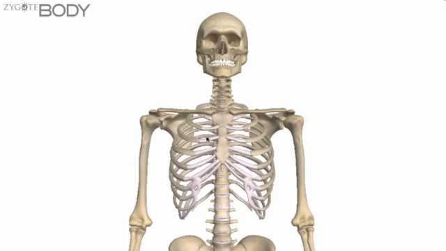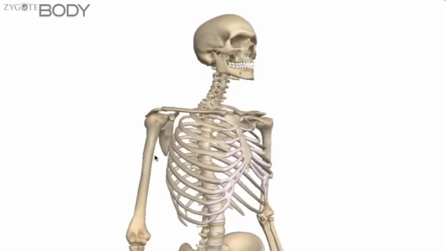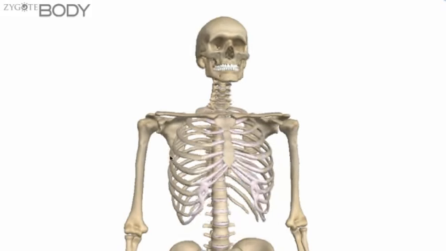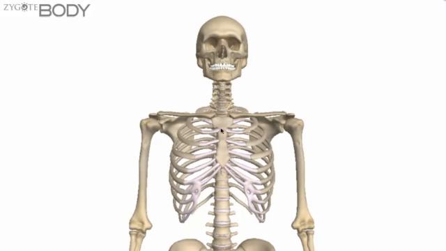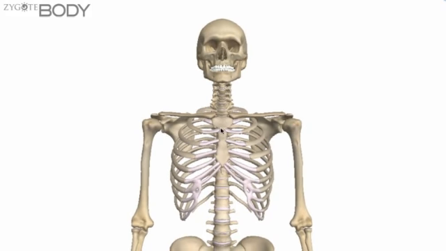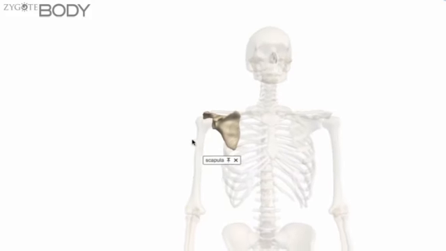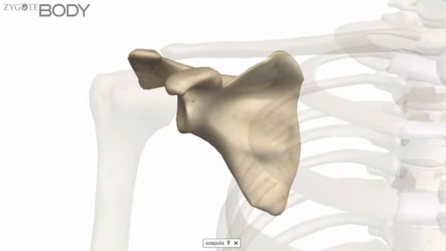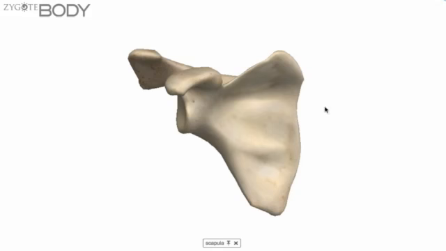So now I need to tell you that there are three borders of the scapula that you need to know. And to do so, I'm going to use the front side of the scapula to show these three borders. As you can see here, I'm zooming in and clearing out the skeleton.